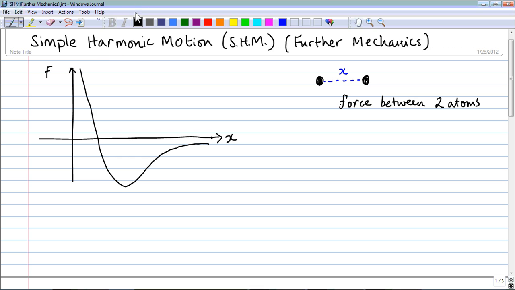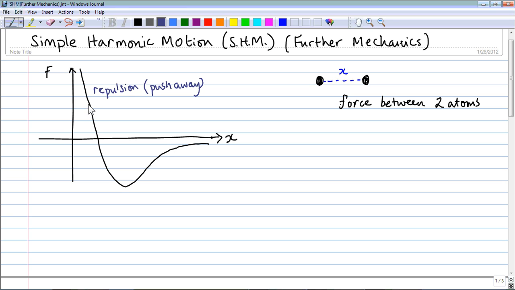What I'm showing in this diagram, which you may well recognize from physics, is repulsion. Repulse means pushing away, yeah? So when x is small, that means the atoms are close together. If the atoms are close together, they will push each other away.